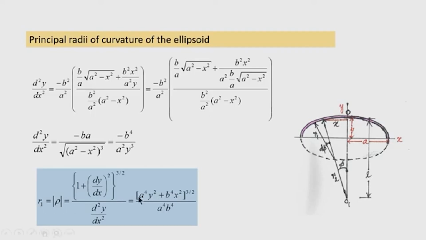So, we find R1 equal to (a^4 y^2 + b^4 x^2)^(3/2) divided by a^4 b^4. So, this is the first principal radius of curvature, that is the radius of curvature of the ellipse, actually you can call it at any point (x, y).